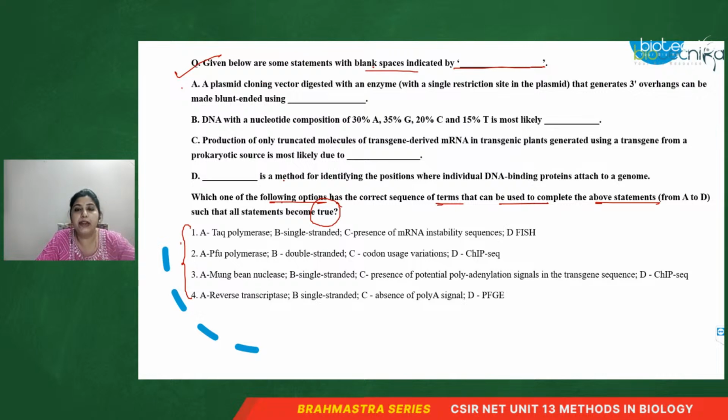Even if you are familiar with the techniques, you can answer it. Statement A: a plasmid cloning vector digested with an enzyme with a single restriction site in the plasmid that generates 3' overhangs can be made blunt-ended using what? One more minute, quickly answer the question, those who have not yet answered.